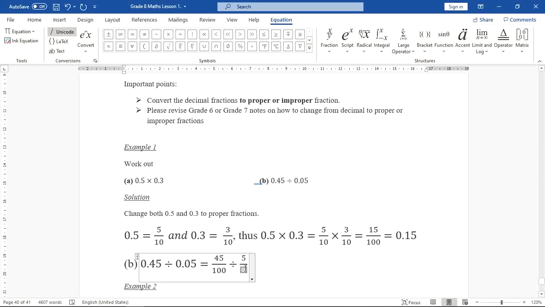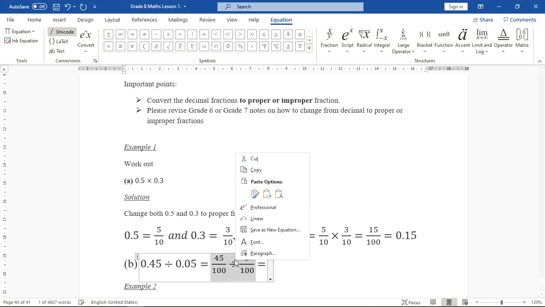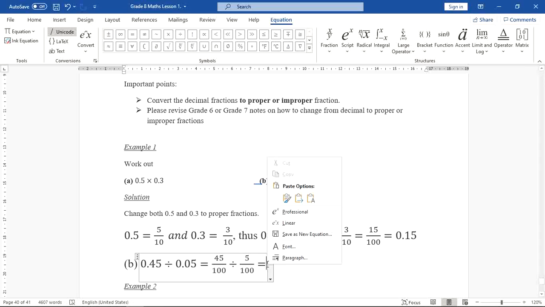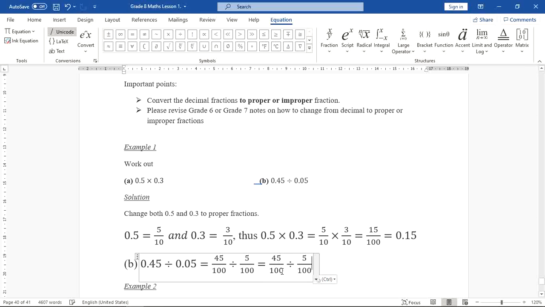Do you remember when you were dividing fractions? When you are dividing fractions, you need to change the division sign to a multiplication, and you find the reciprocal of the second fraction. So the first fraction stays, the division sign becomes a multiplication, and the second fraction we just turn around.